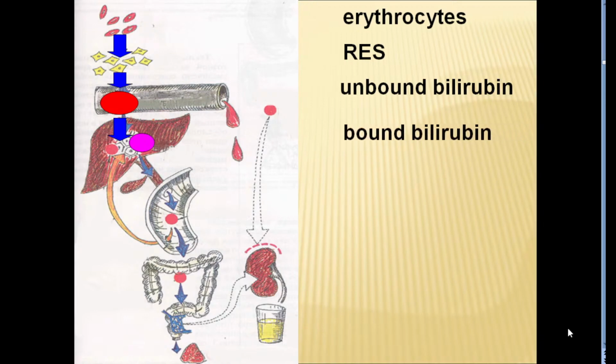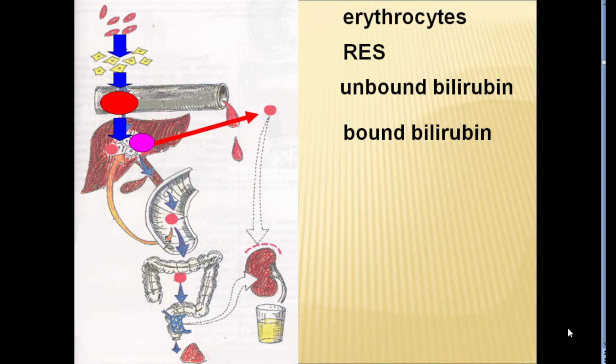And we are talking about formation of bound bilirubin, which, in contrast to unbound, is water soluble, it may be removed with urine, and can pass through the kidney.